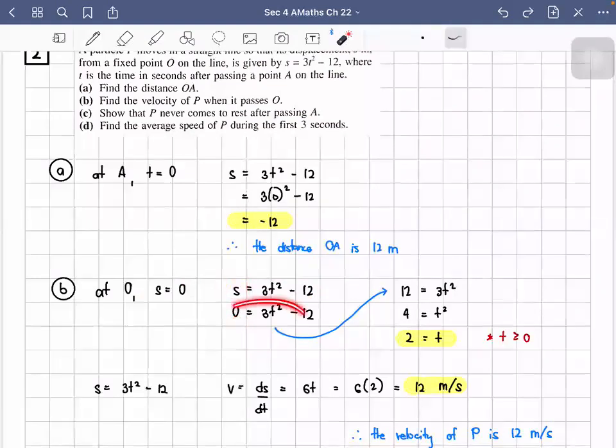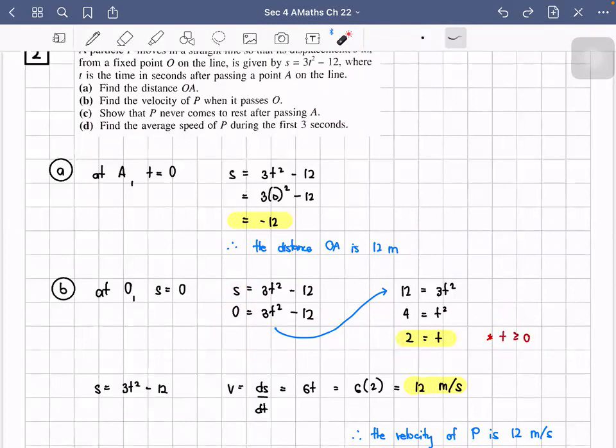So what do we do? We solve for t. Basically, getting the root of 4 is a positive and a negative 2, right? But take note of this, the time is always equal to or greater than 0. There can't be negative time.